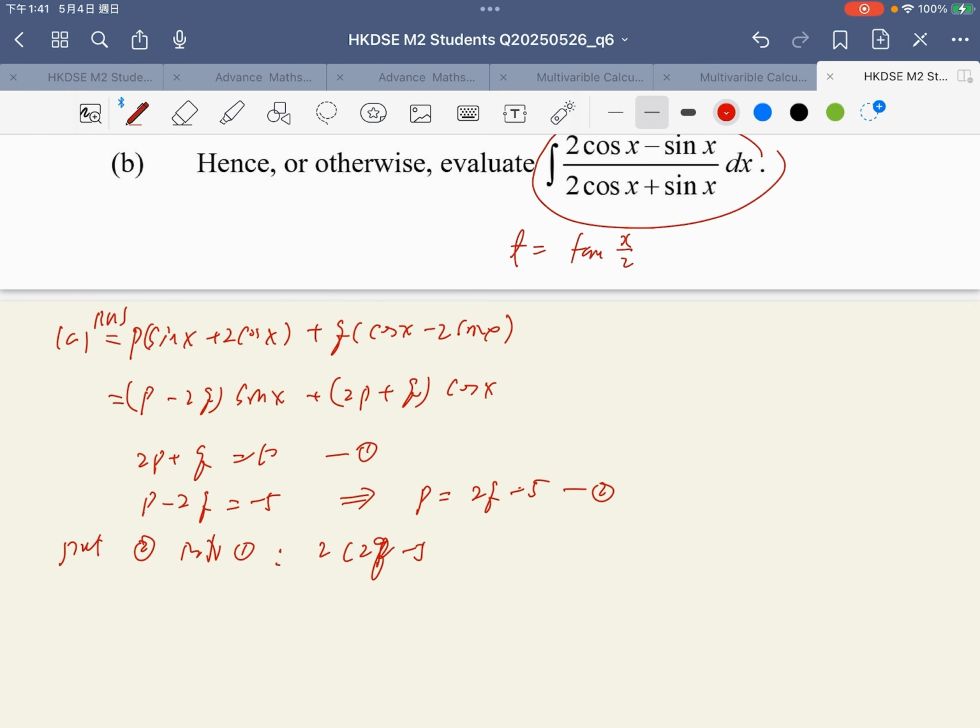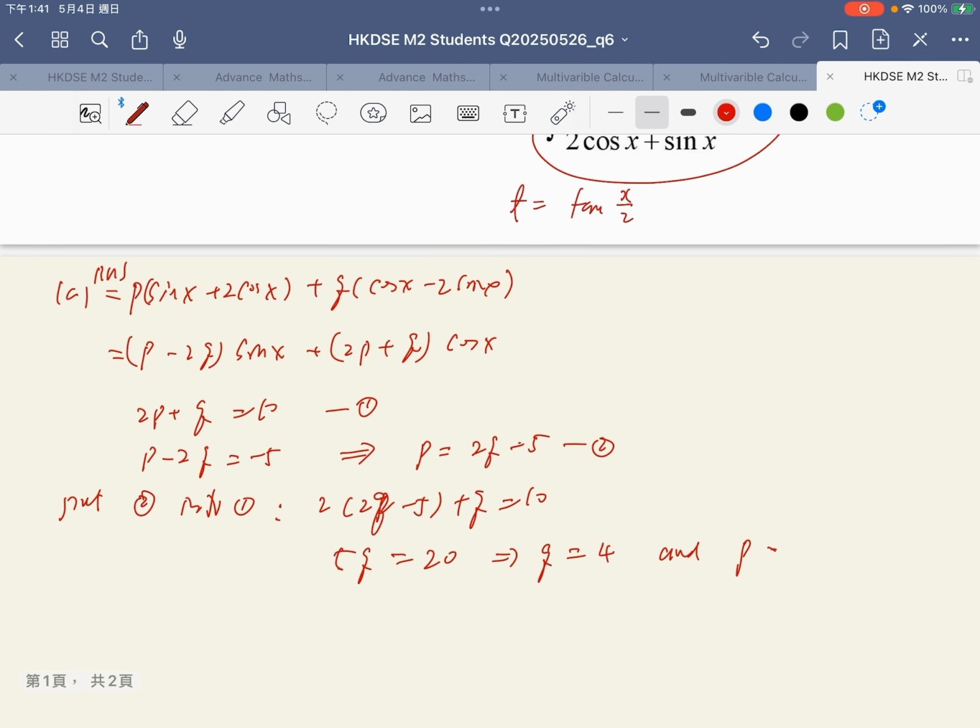Then 2Q minus 5 plus Q equals 10, 5Q equals 20. That is Q equal to 4, and P can be found by putting the answer back into the equation. It is 3.